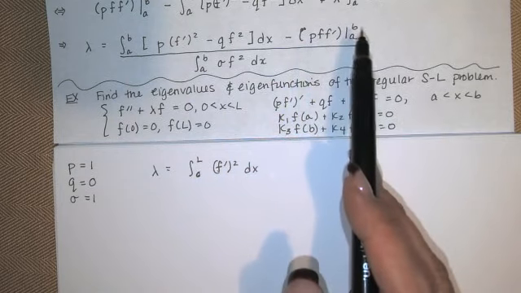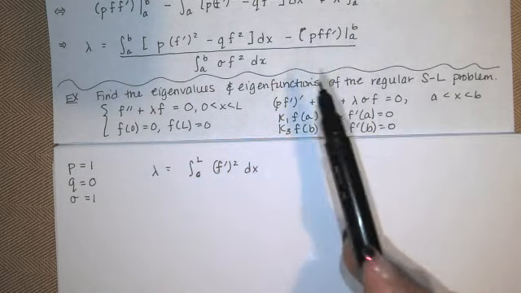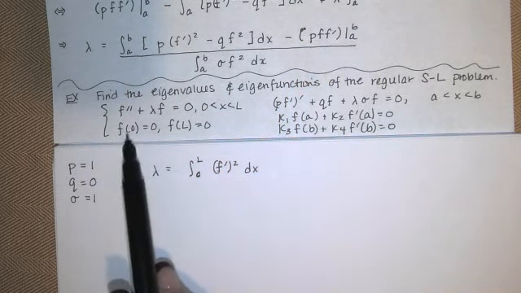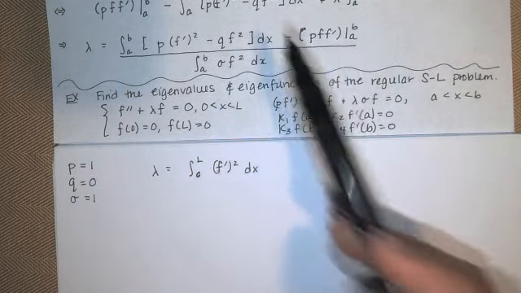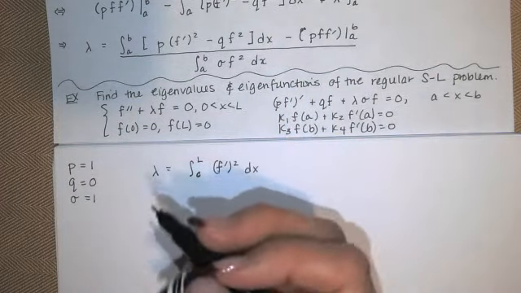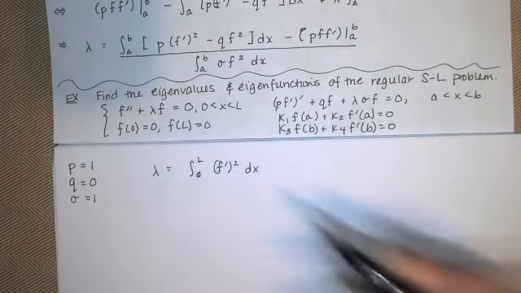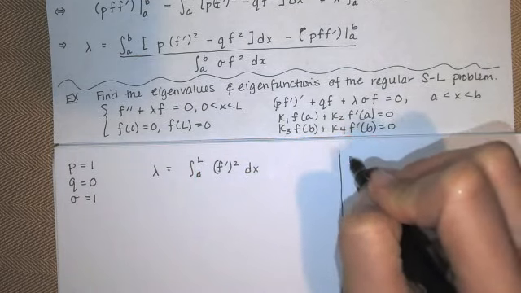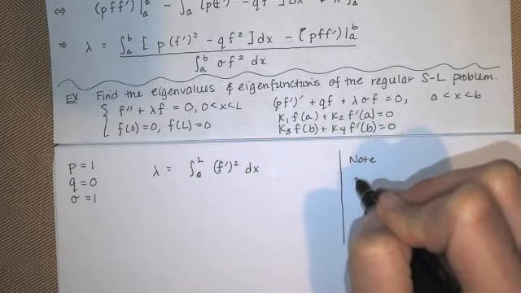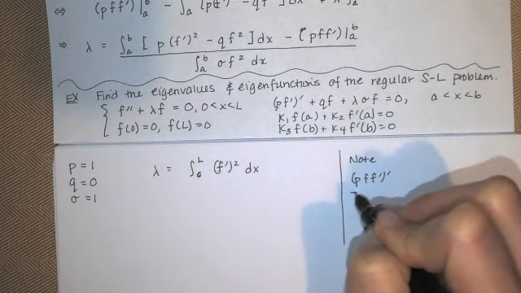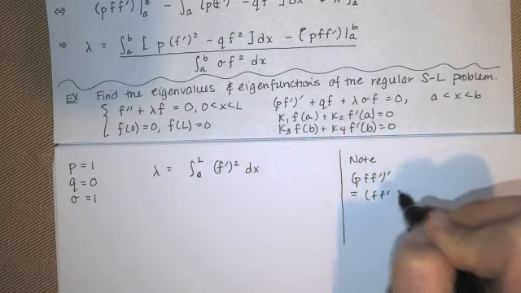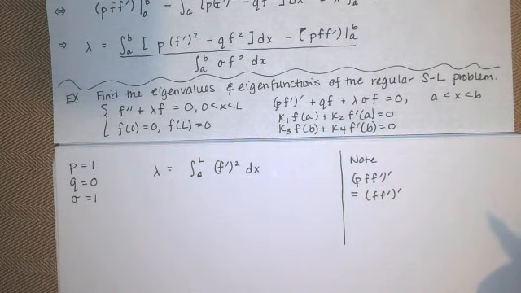And then over here, if I evaluate this expression at 0 and L and subtract, well, since f of 0 is 0 and f of L is 0, this whole piece will be gone. Let me just show that. In our case, p is 1, so I can say that.